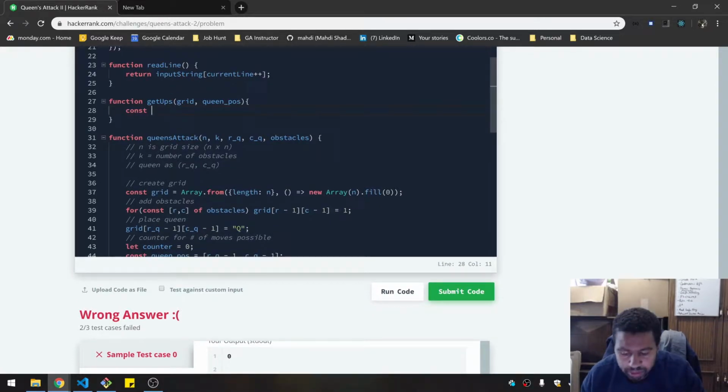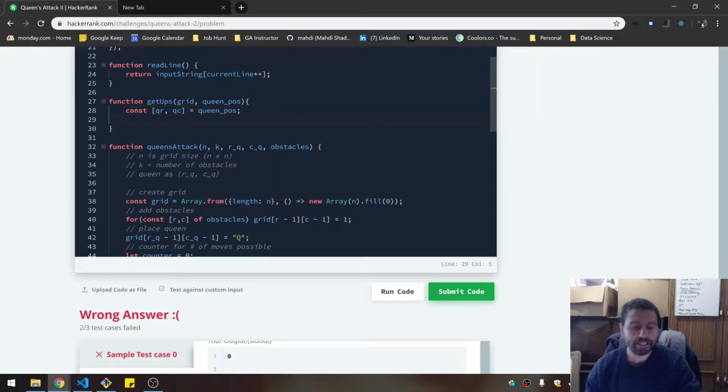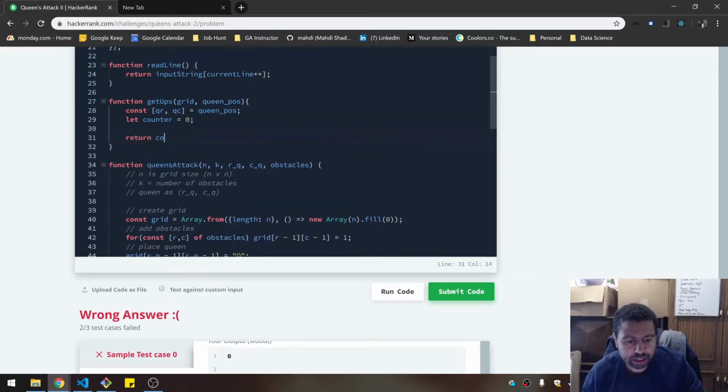The only thing I care about here is the Q row and the Q column. Because I'm going up, the only thing I care about is the row. Let counter equal 0. Okay, this is definitely long-winded, but I kind of knew that was going to happen. Let's do while.